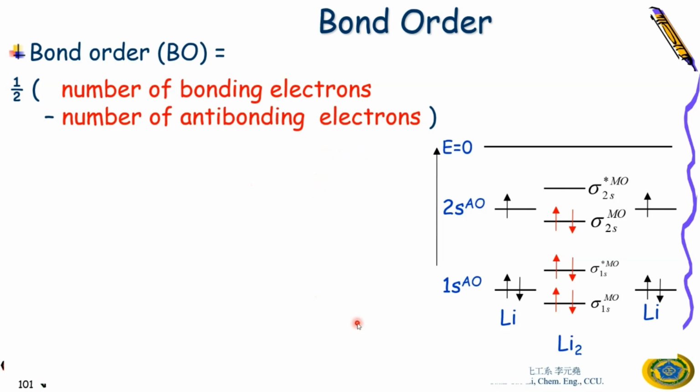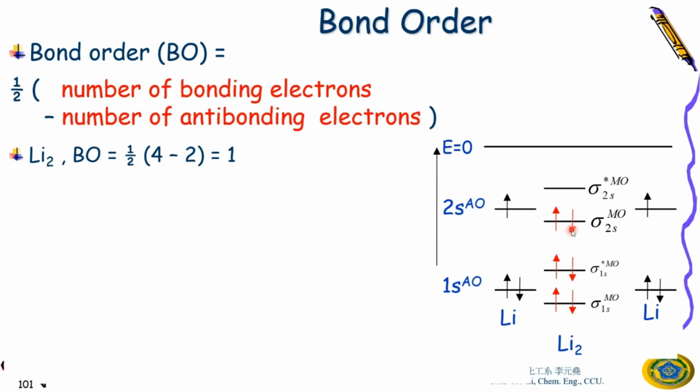Okay, let's take the example of the lithium molecule. How are we going to determine the bond order of the lithium molecule? I need the number of bonding electrons. How many bonding electrons? 1, 2, 3, 4, right?